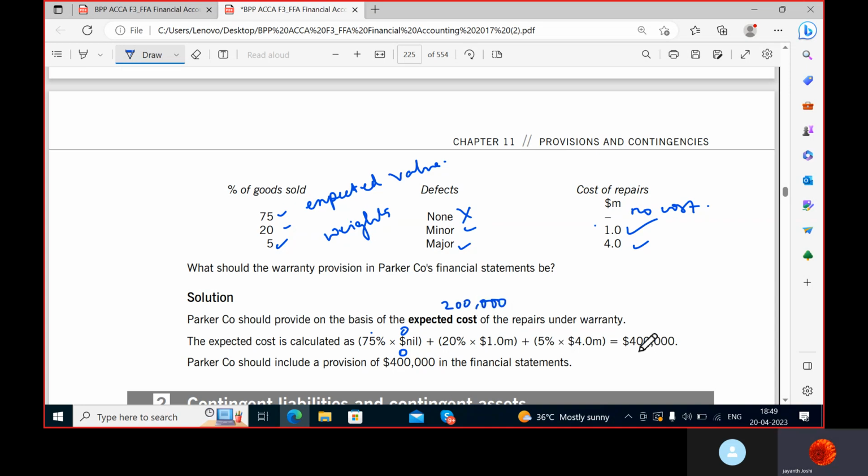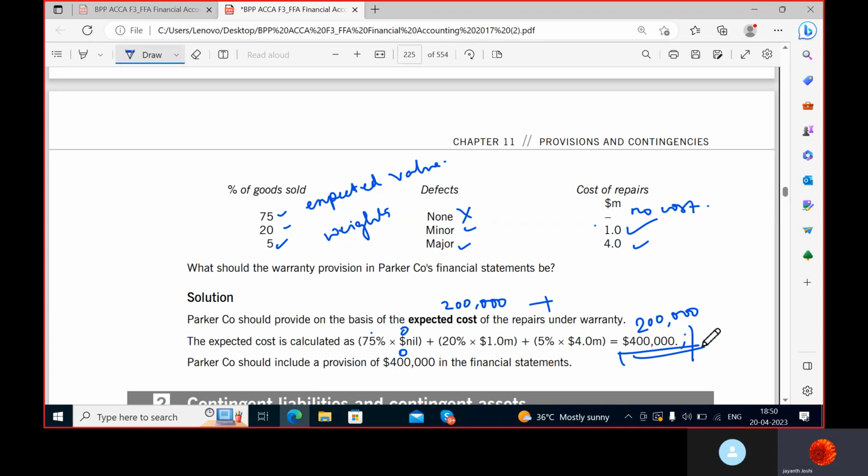And 5% of 4 million is also 200,000. That means 200,000 plus 200,000, we are getting 400,000. So the Parker company needs to create a provision of 400,000 according to the expected value approach. Did you get this example? It's a very simple example.